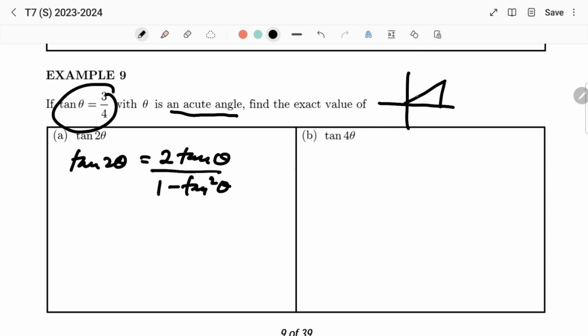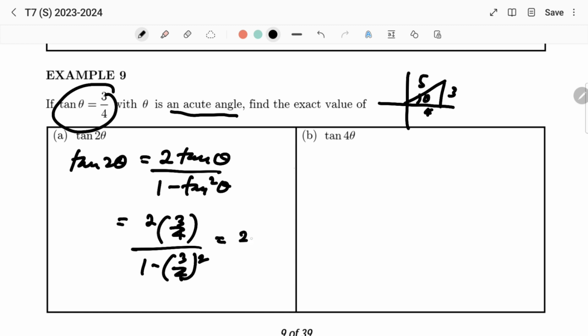Here you have the theta, tangent theta, so 3, 4, 5. Substitute: tangent 2 theta is 3 over 4 over 1 minus 3 over 4 bracket squared. The answer is 24 over 7.